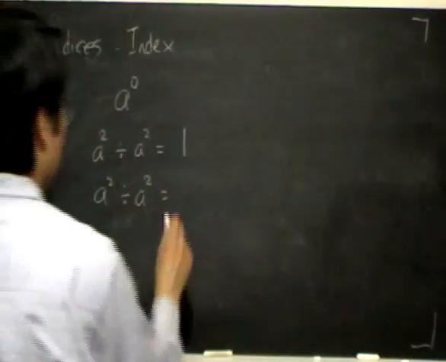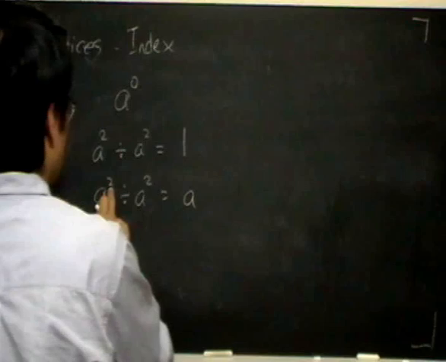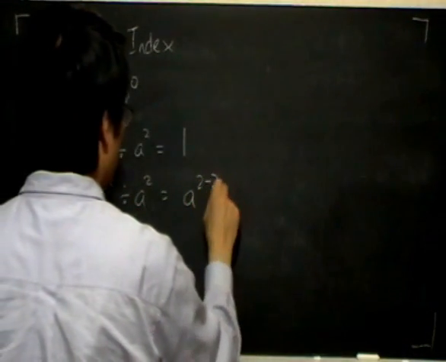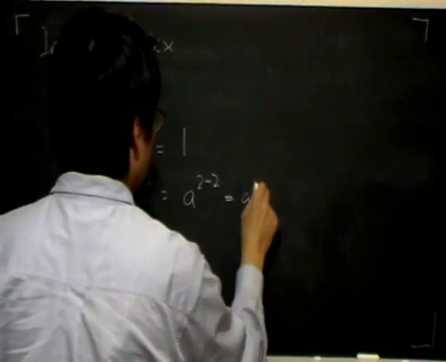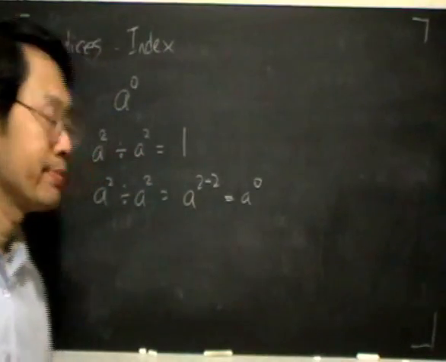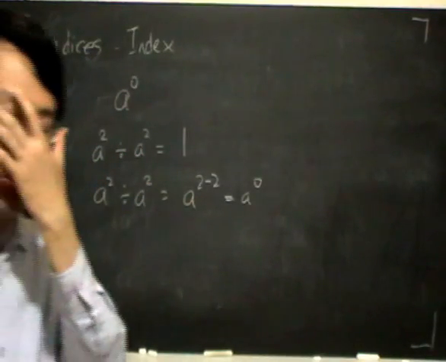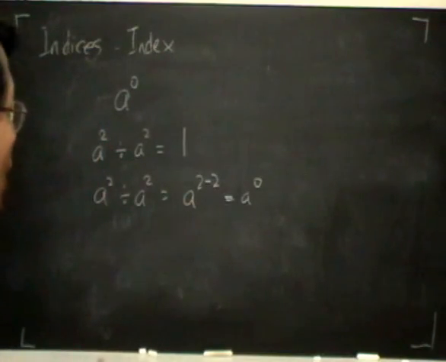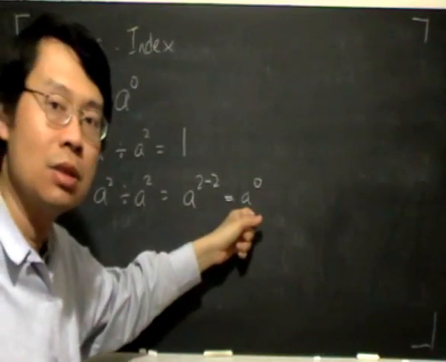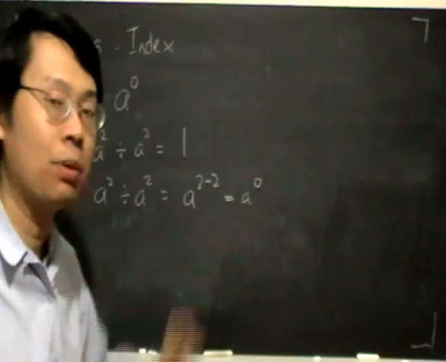So let's try that. 2 minus 2 should be the new power, and 2 minus 2 is 0. So following this rule, I have just got this as the answer. I've got a to the power of 0.